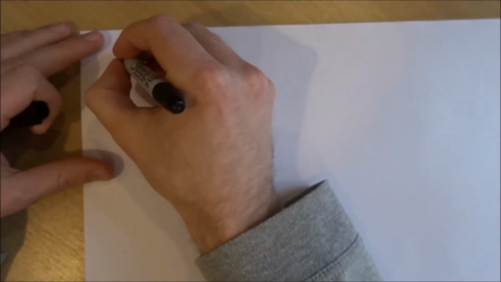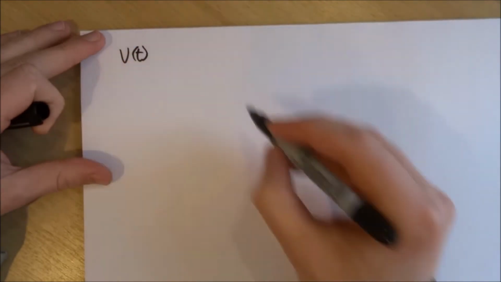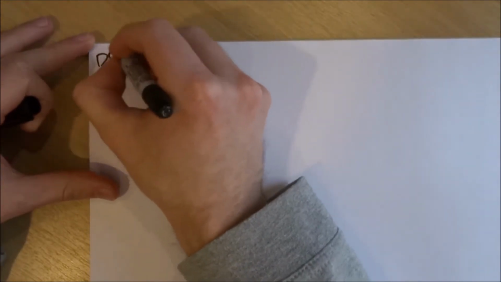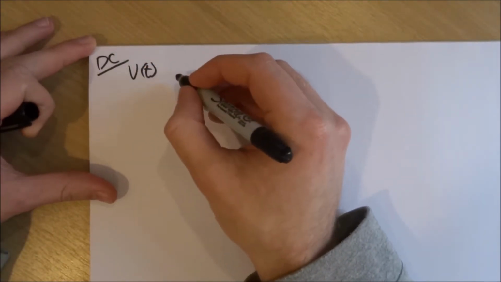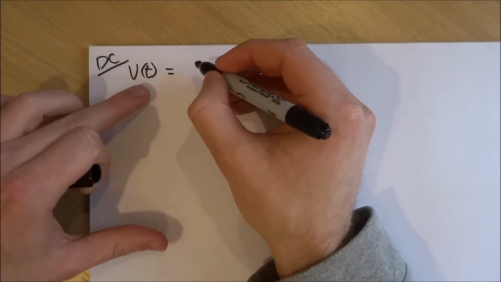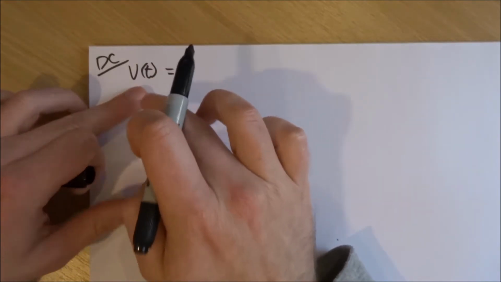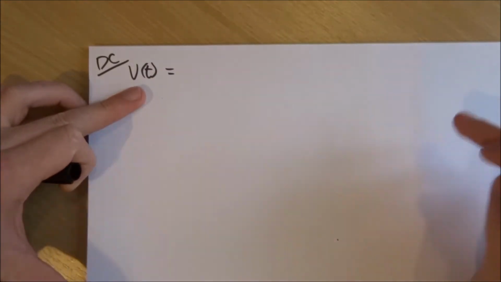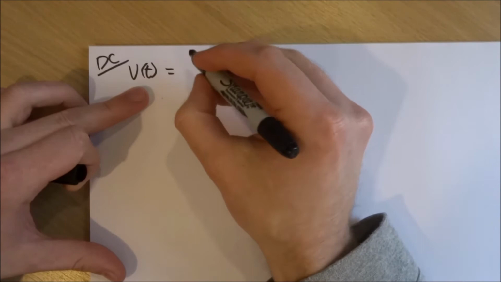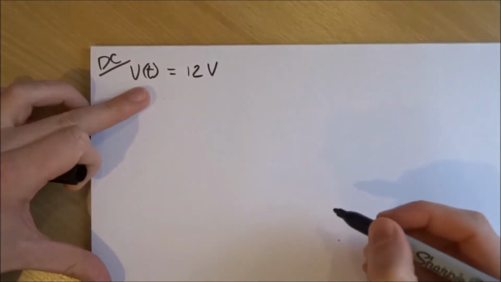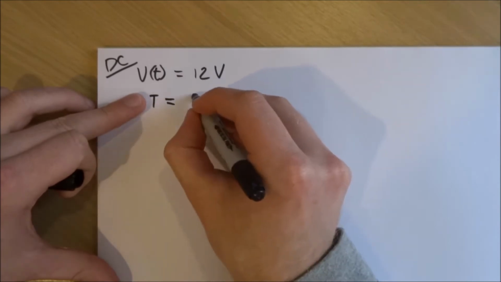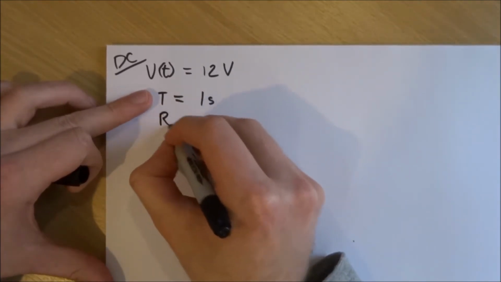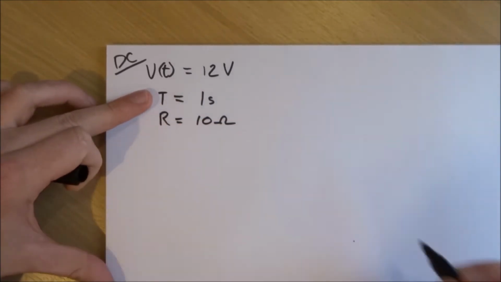So we know that our V of t in a DC scenario, if we take our DC scenario again, we've got a voltage that's not varying over time, even though I've given it a time varying notation, because even though it's not time varying, we are still considering it as a variable over time. And that was 12 volts static. We have a period of 1 second, and we have a resistance of 10 ohms.